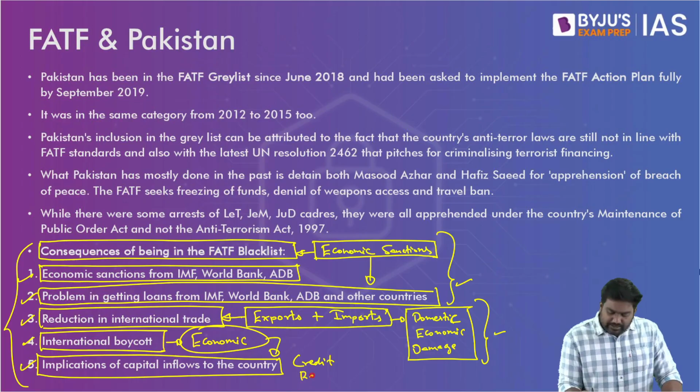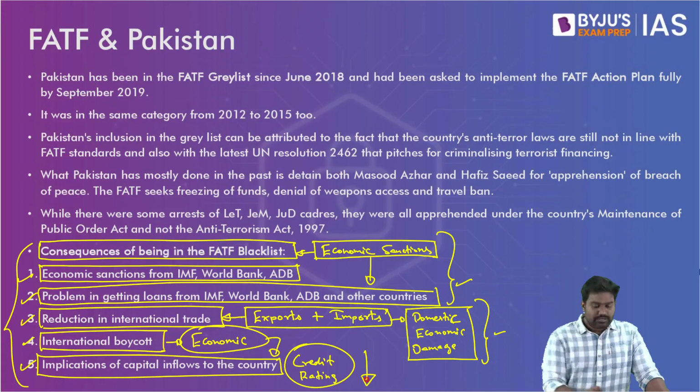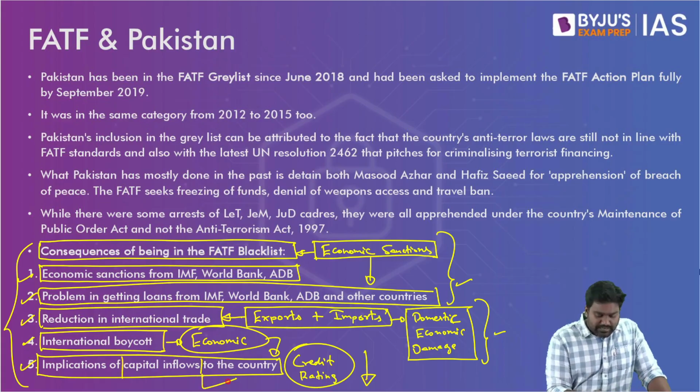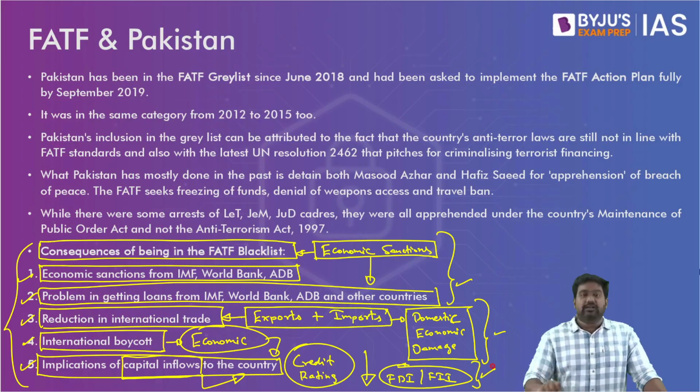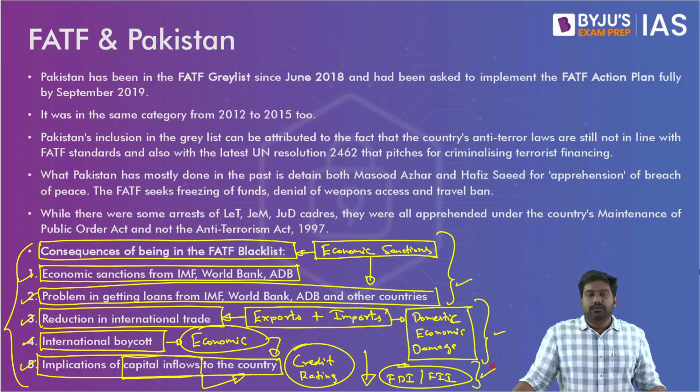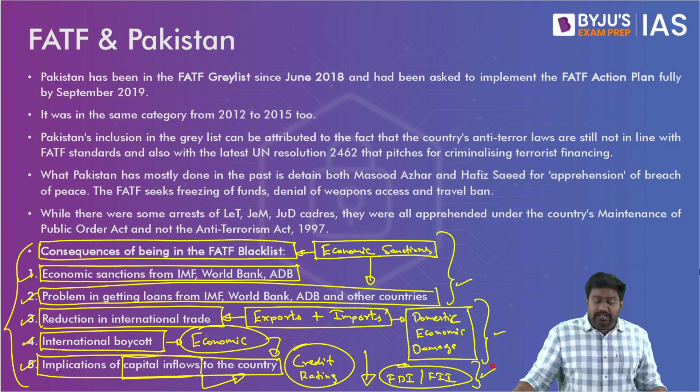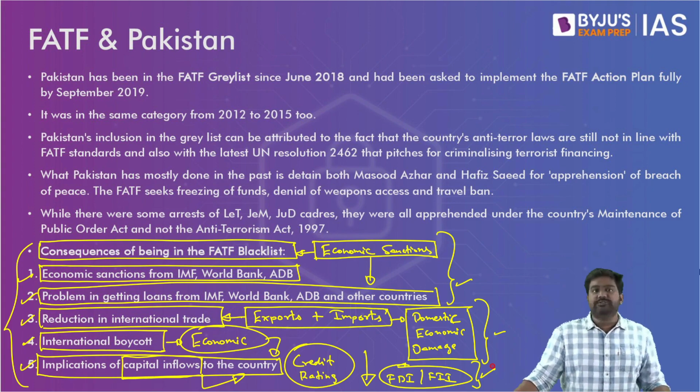The sovereign credit rating is downgraded to junk status, which means no investor will even look at your country. Capital flow will stop. Flow of FDI, FII will come to a halt, causing complete economic collapse of that country. Is that clear? So getting blacklisted has some serious consequences.